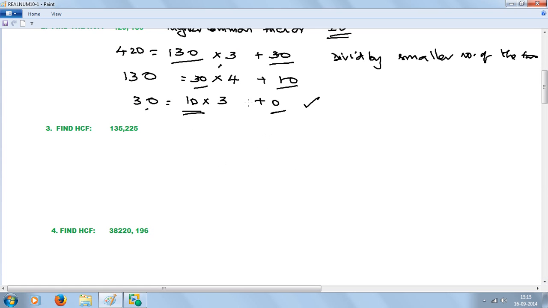So 135 and 225. 225 is equal to 135 multiplied by 1 plus remaining 90.